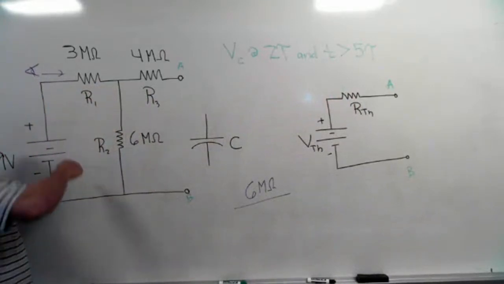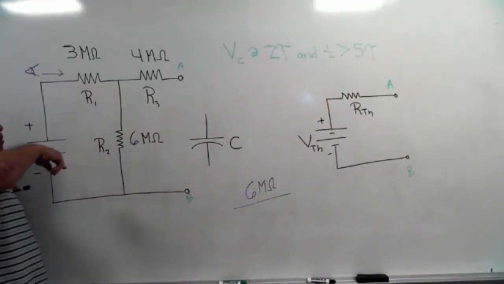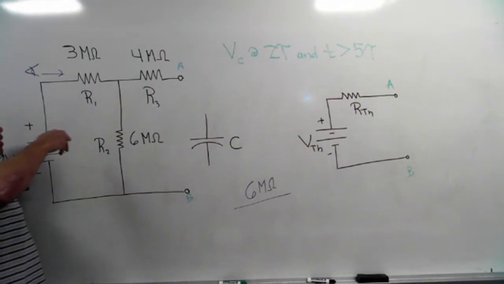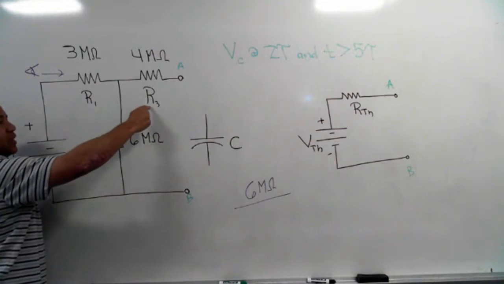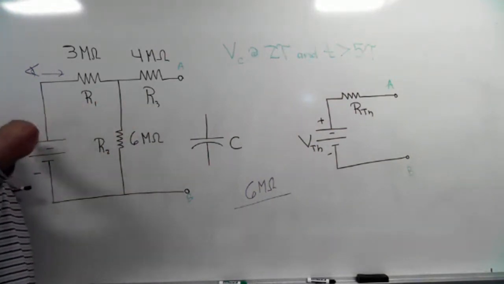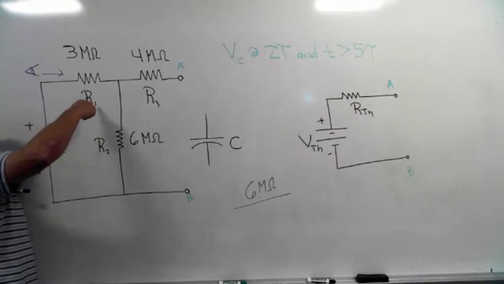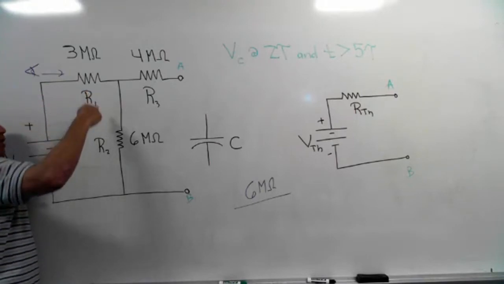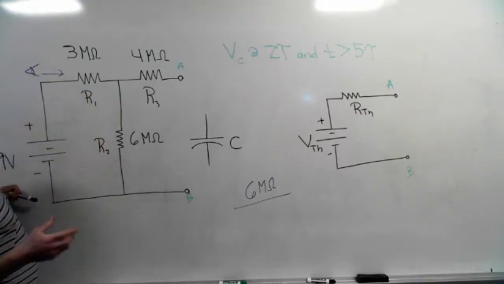What is my total resistance? Well, total resistance looking this way would be only the resistors. This resistor again would not be involved because it doesn't have any current going through it. The battery still only sees the opposition of R1 and R2, the resistors through which current would flow.